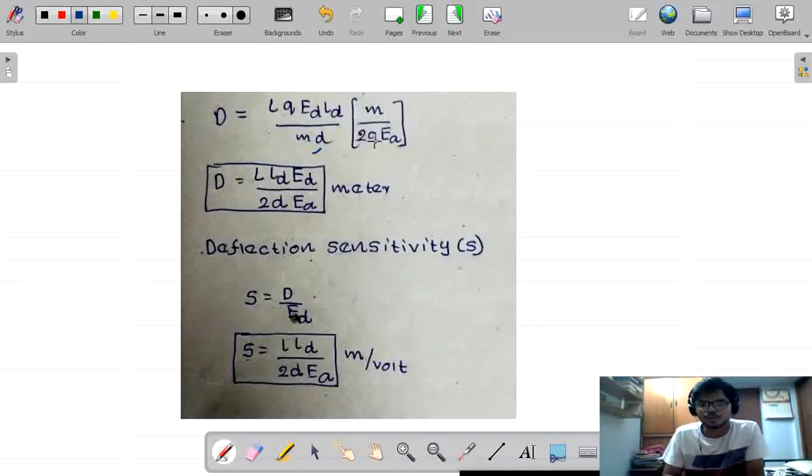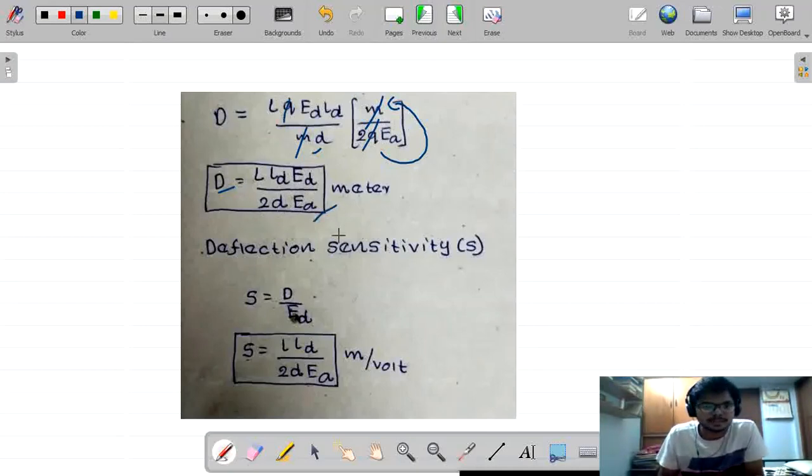So 2QEA by M, this M will go into the numerator. Now M cancels, and here Q gets cancelled. ED by 2D into EA.